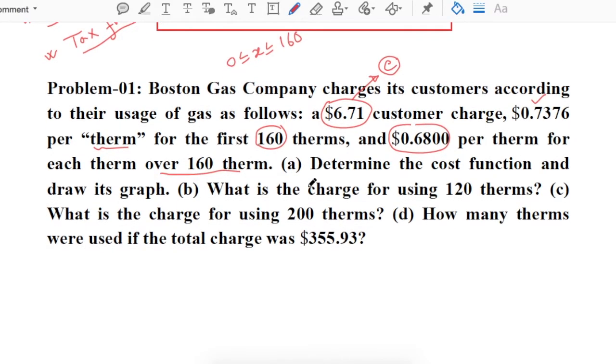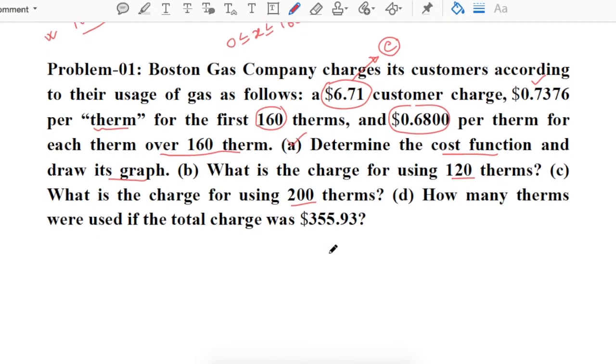So what you need to do here is determine the cost function and draw its graph, and also calculate the charge for using 120 therms and for using 200 therms. And conversely, if you are given the total charge, how many therms were used? So this is the question.